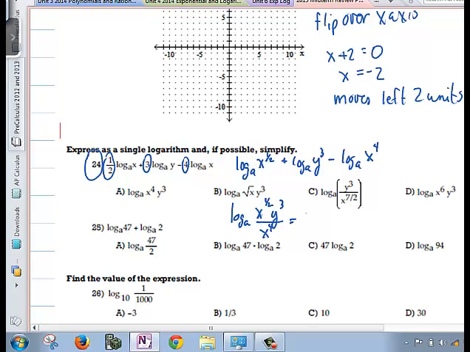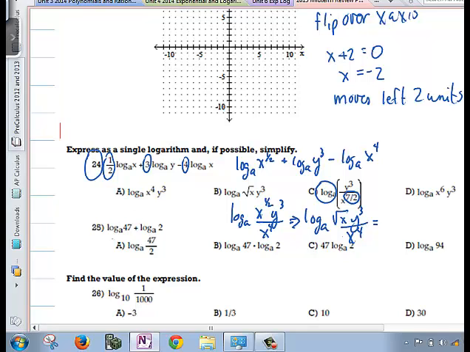So I'm looking for log base A of the square root of x times y cubed over x to the 4th. That would be this choice here, because the 7/2 power is when you bring that square root down to the bottom, you subtract the half power. So that would be choice C.